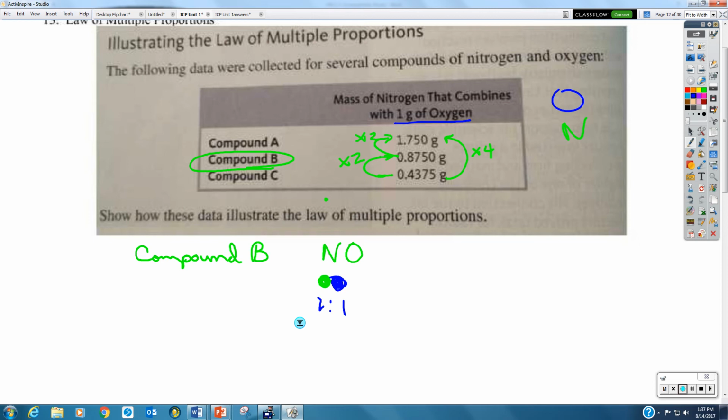Double it. So this one is going to be NO2, right? Did I do that right? For compound C?